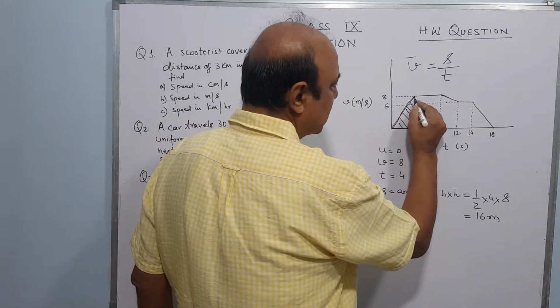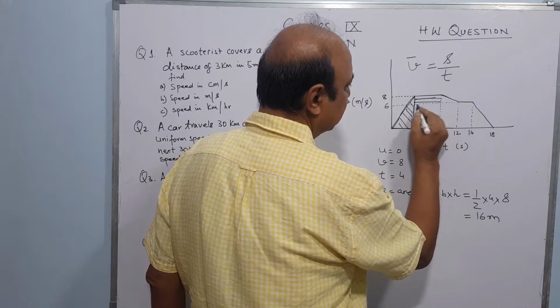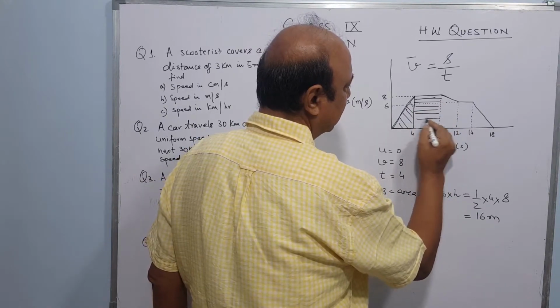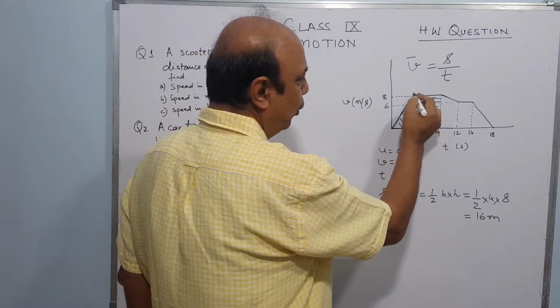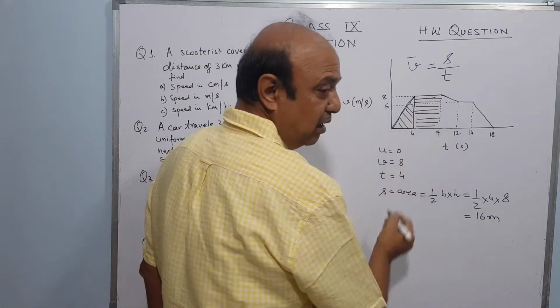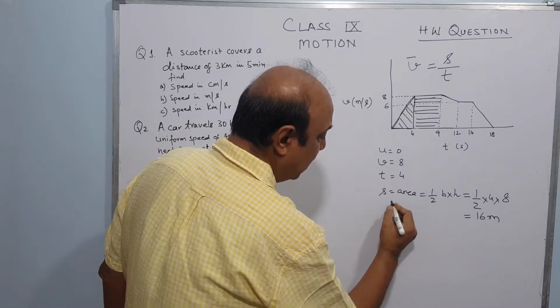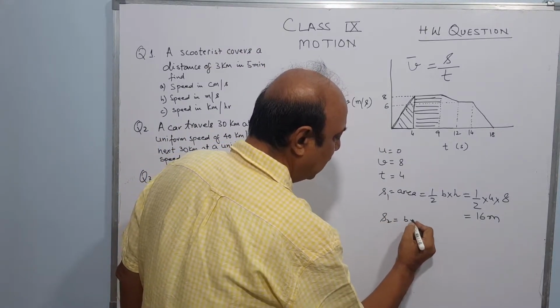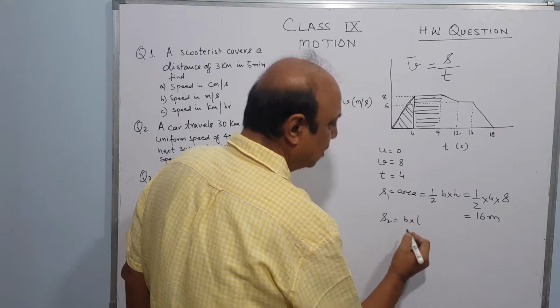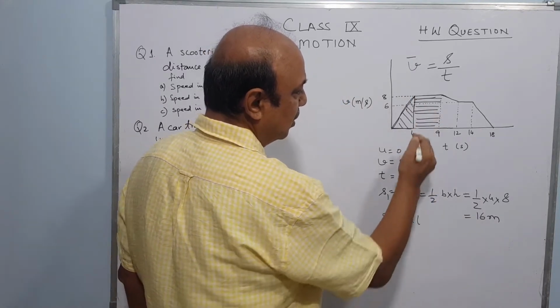Let us come down to the second area. Now we know this is a rectangle. So I'll call the first area S1, and S2 is equal to breadth into length. Breadth is 8.